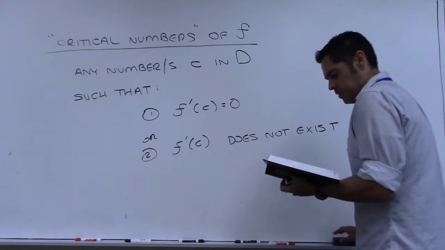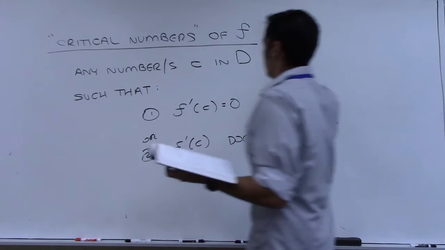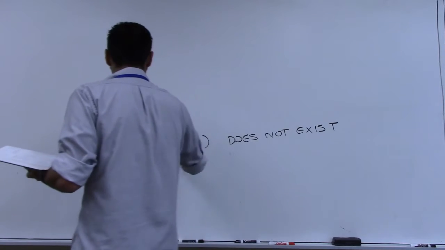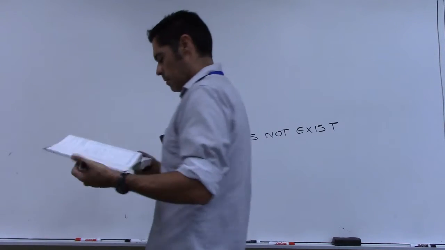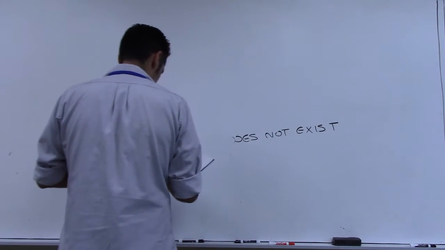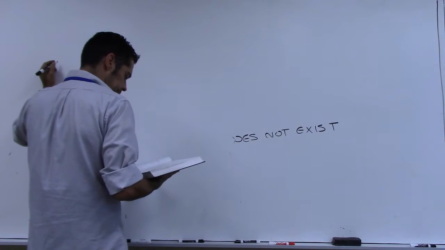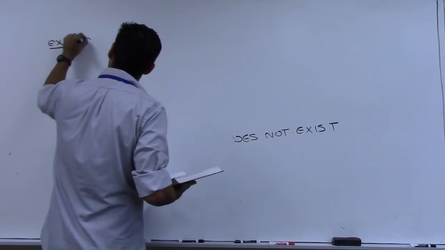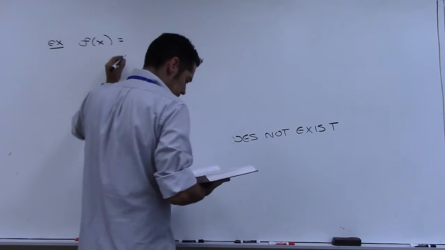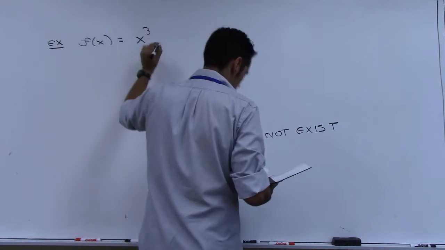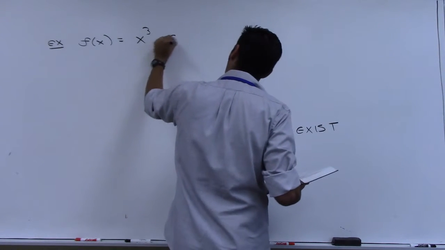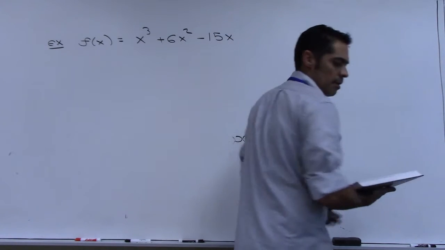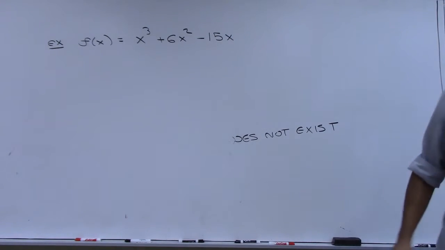Okay, so we'll go pretty easy to start, I guess. f of x is x cubed plus 6x squared minus 15x. I would like to find the critical numbers.